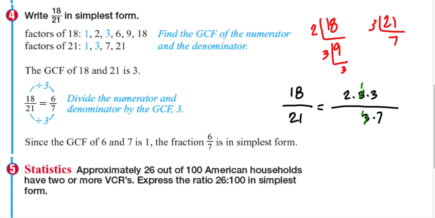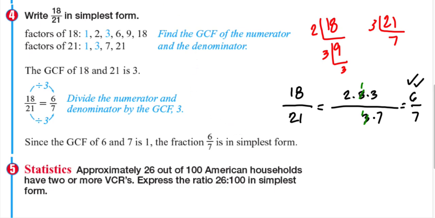So I just multiply what's left. 2 times 3 is 6, and 1 times 7 is 7. Actually, this is 2 times 1 times 3, but it doesn't really matter because of the identity property of multiplication. So 2 times 1 times 3 will still be 6, 1 times 7 will still be 7, and there you have it, 6 over 7, using prime factorization.